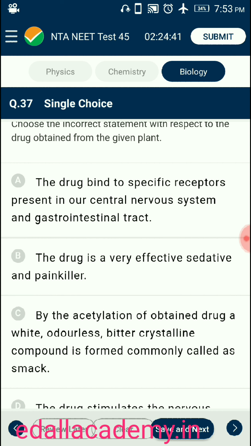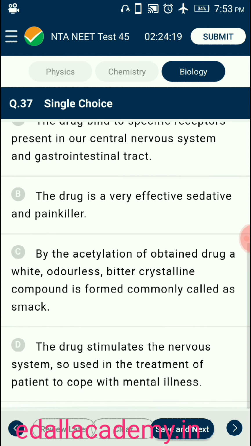Within seconds, a warm glowing sensation spreads over the body. This brief but intense rush is then followed by a deep, drowsy state of relaxation and contentment that is marked by clouding of consciousness and by poor concentration and attention. So the answer for this question is option D.